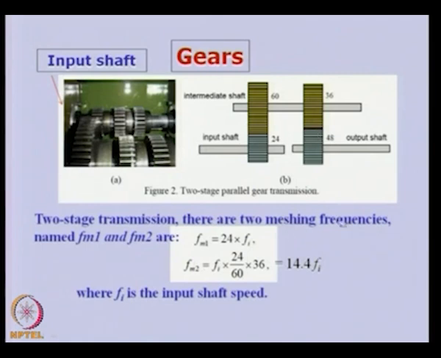So tooth meshing frequency is for a pair, not for a particular gear. This is for the first pair and the second pair. So we should expect these two tooth meshing frequencies in the vibration spectra, apart from the rotational frequency of the input shaft.